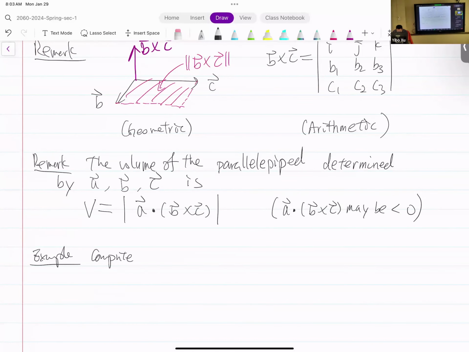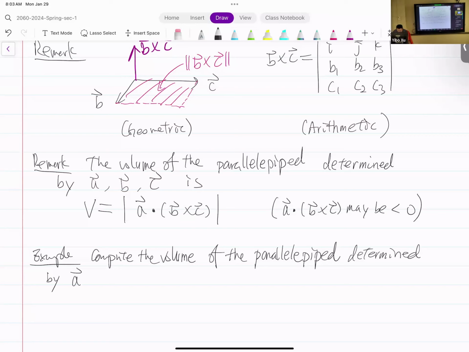compute the volume of the parallelepiped determined by the vectors: A has components 1, 4, -7, B has components 2, -1, 1, or rather B is (2, -1, 1), and C is also a vector.